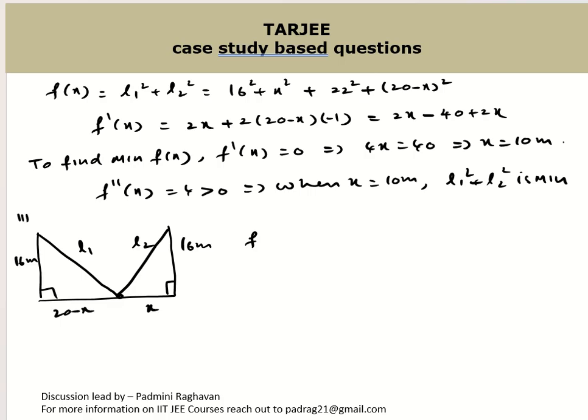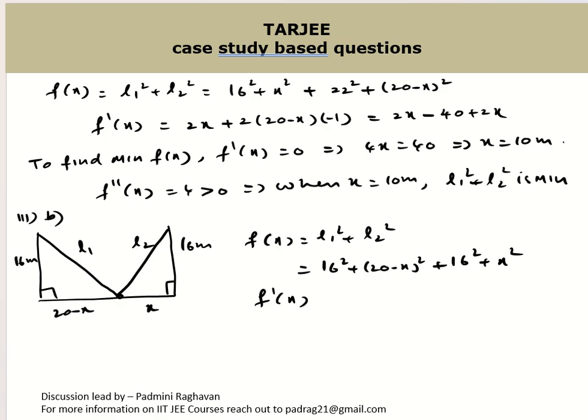This is the third subdivision B. Let us call f of x equal to L1 square plus L2 square. L1 square is 16 square plus 20 minus x the whole square. L2 square is 16 square plus x square. When you find the derivative, the 16 square and 16 square will become 0.